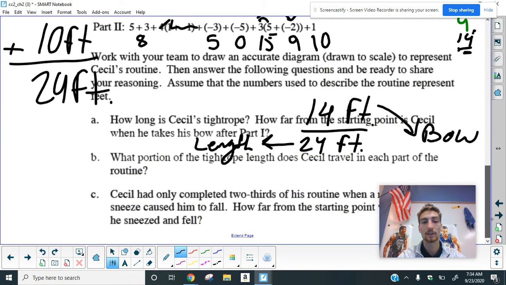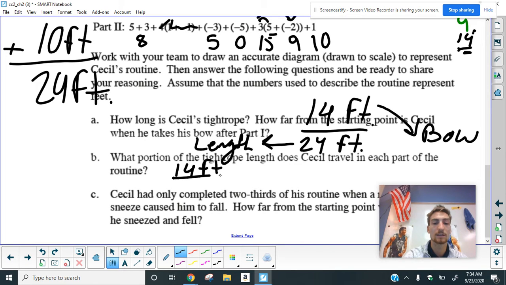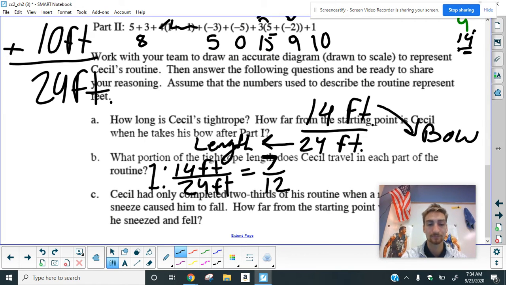And see, if we look at the portion of the tightrope Cecil travels in each part, well, he travels 14 feet out of the 24 feet in part 1. And if we simplify that, we could divide each by 2, and then it would be 7 over 12.